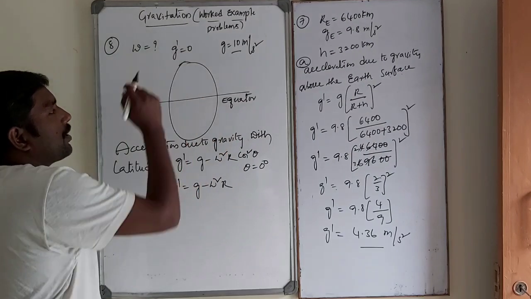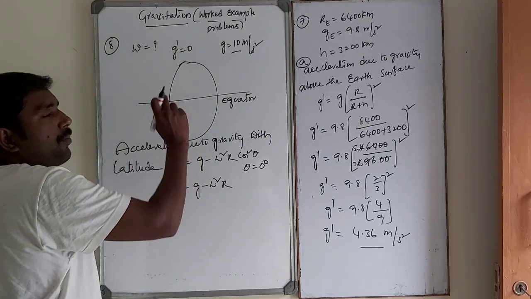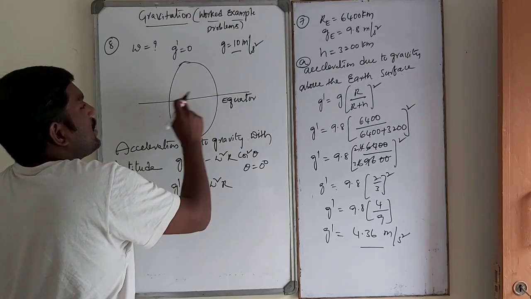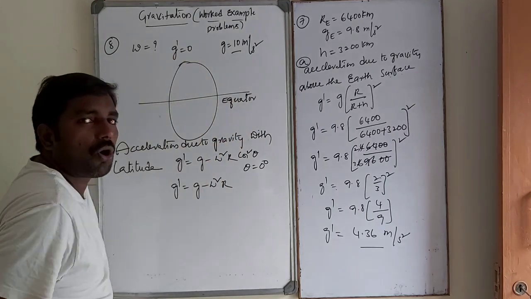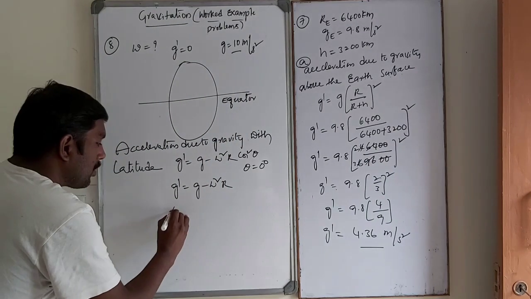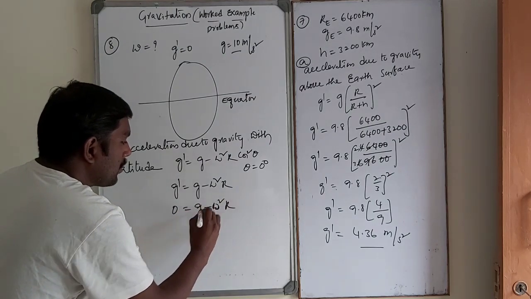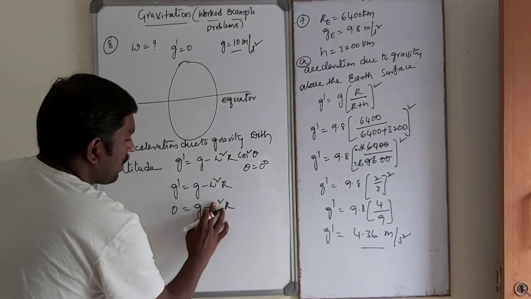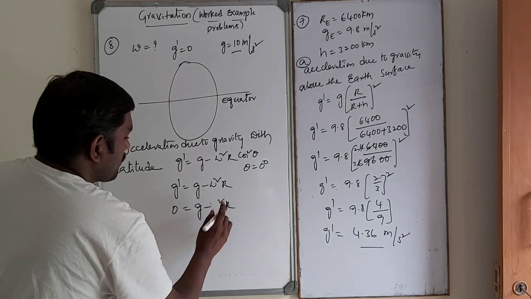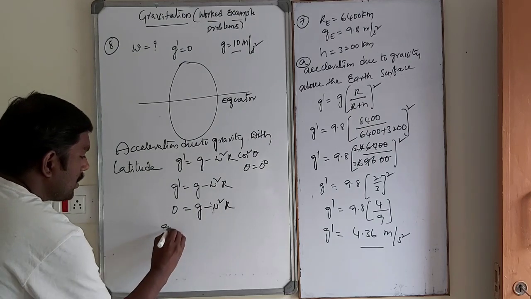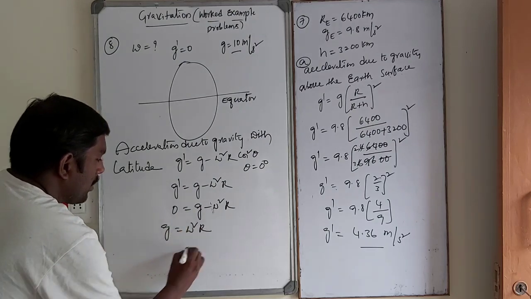According to the question, at the equator the body feels weightlessness. That is, at that region gravity will be 0. g dash will be 0, that is equal to g minus omega square r. So on this side g is equal to omega square r.